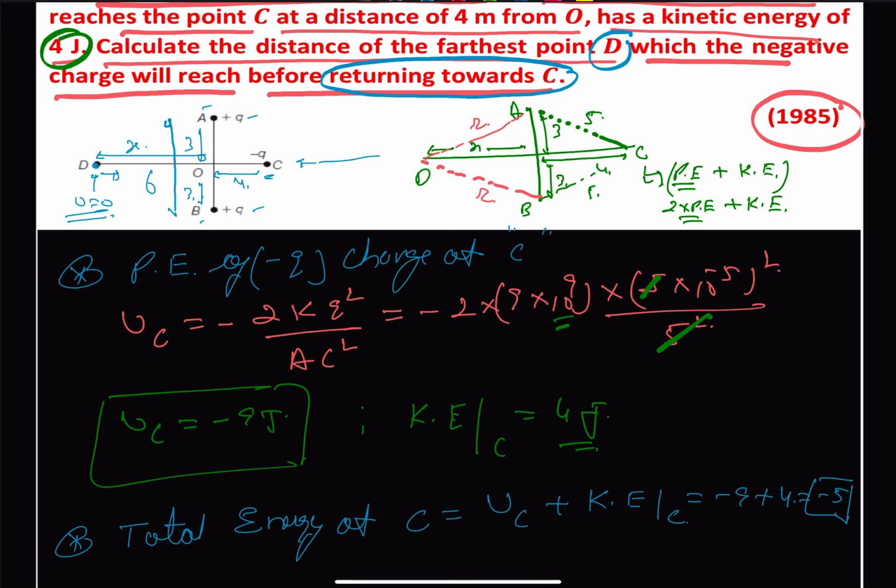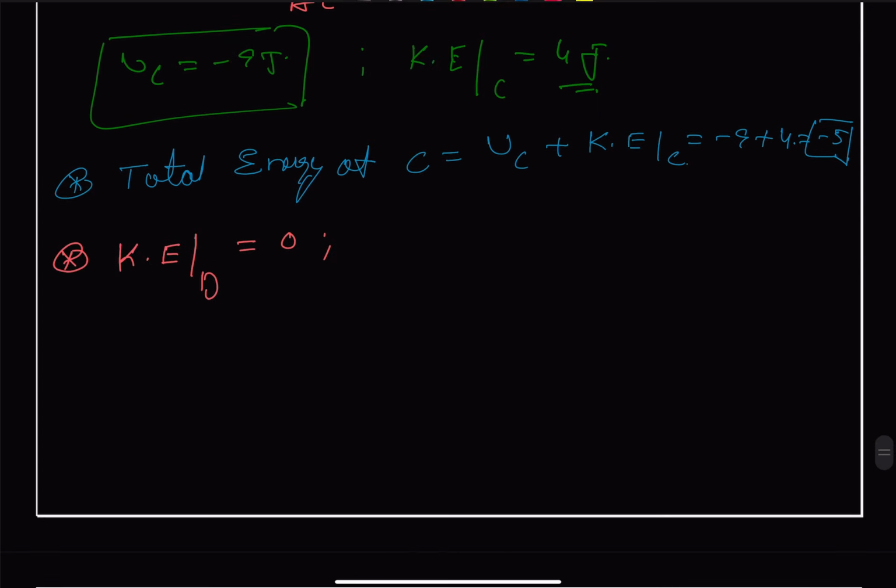Therefore we can say the potential energy at D, that is UD, will be equal to minus, and that will be equal because of two charges at A and B. So once again this will be twice multiplied by K, Q square, divided by R. Now we can use the conservation of energy.